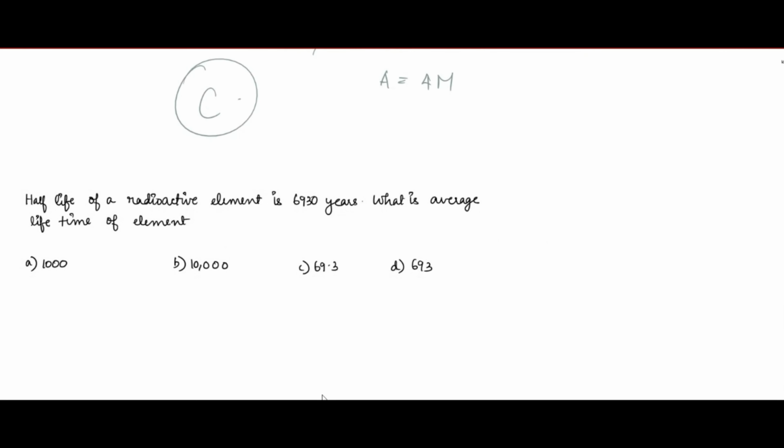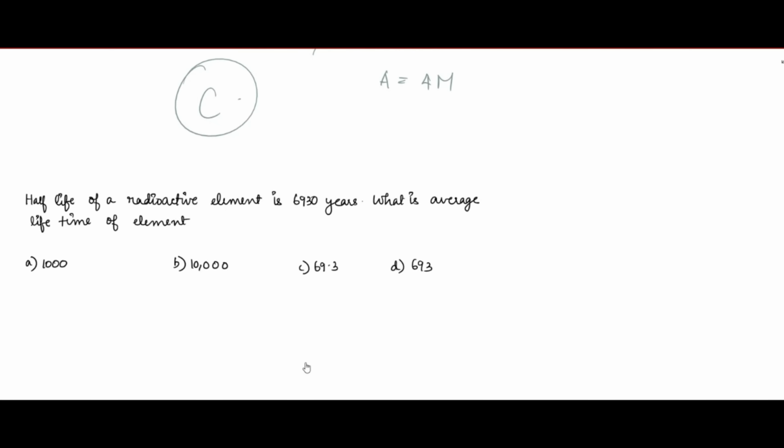The half-life of a radioactive element is 6930 years. Okay. What is the average lifetime?